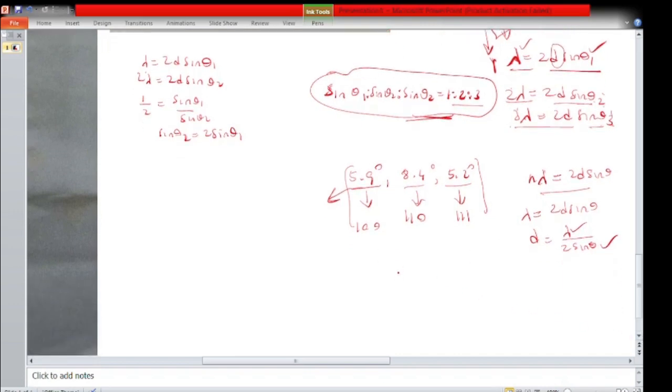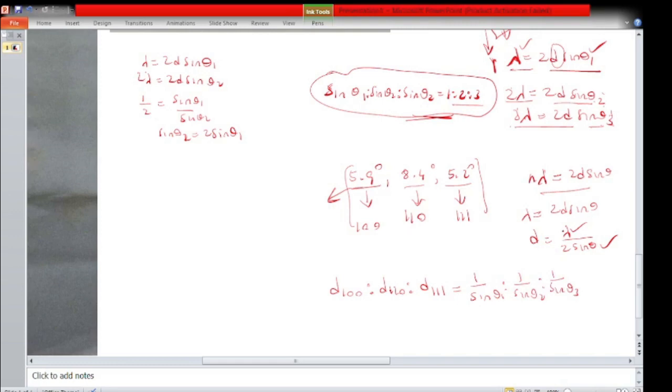Now if you calculate that, and take the ratios of the interplanar distances, then d100 is to d110 is to d111, we can write this as 1 by sine theta 1 is to 1 by sine theta 2 is to 1 by sine theta 3.